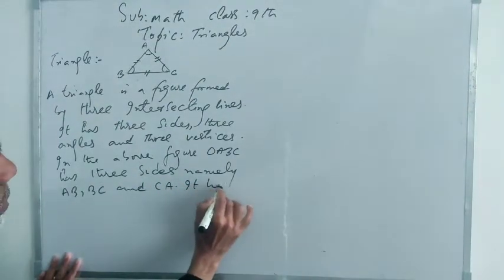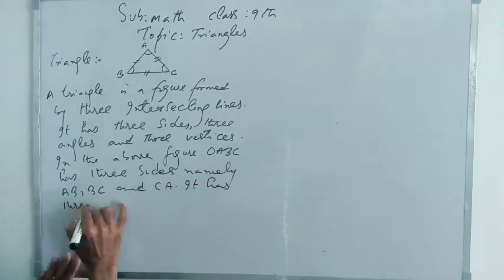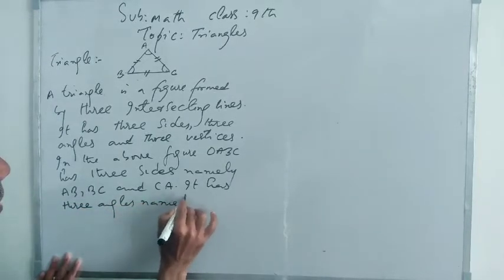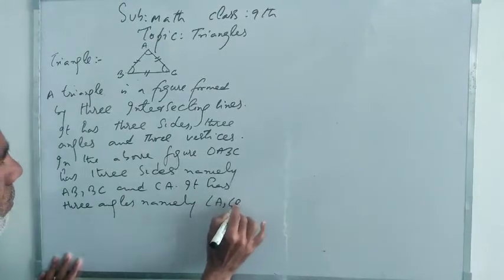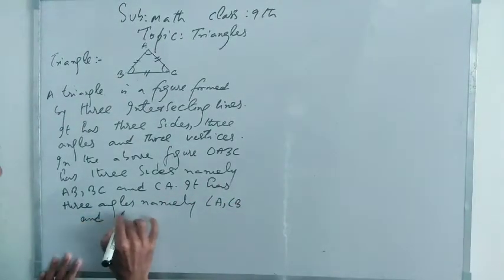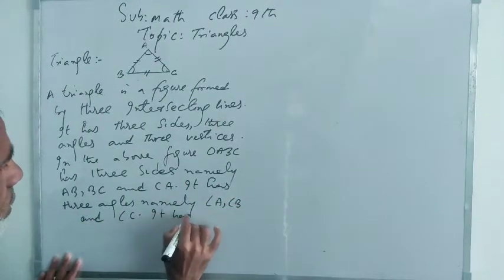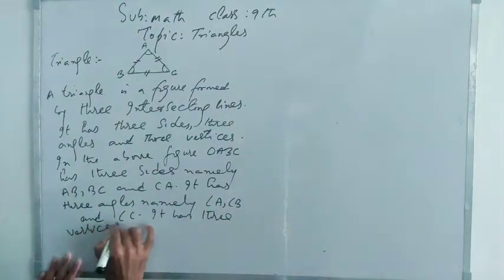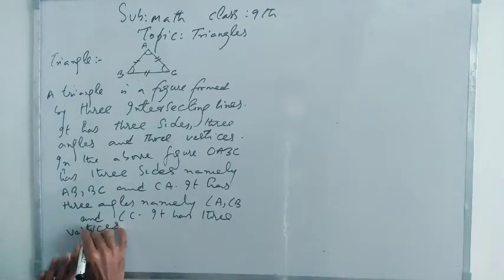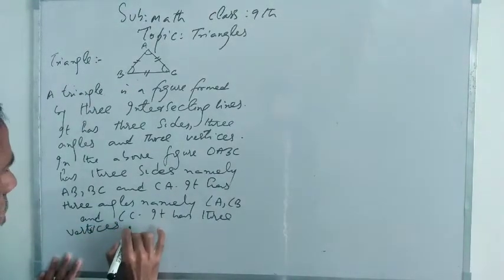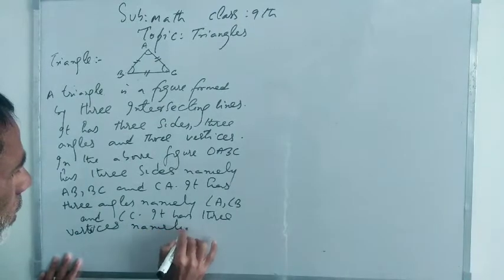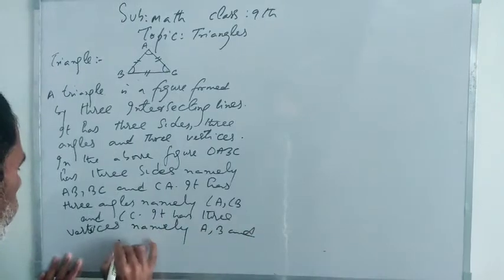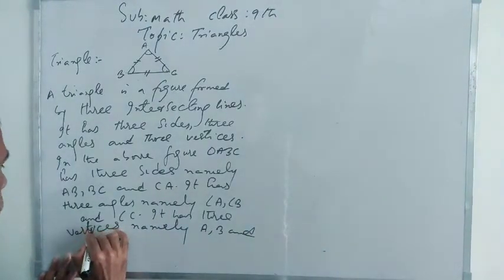It has three angles, namely angle A, angle B and angle C. It has three vertices, namely A, B and C. These are three vertices.